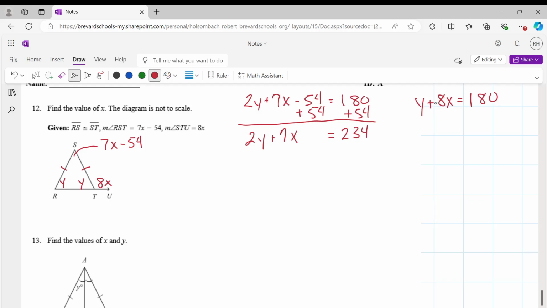Now, we're going to take this equation on the right, and since it already has a y by itself, we're going to solve for that y. And we're going to do that by subtracting 8x from each side. So we get a y that's equal to 180 minus 8x.